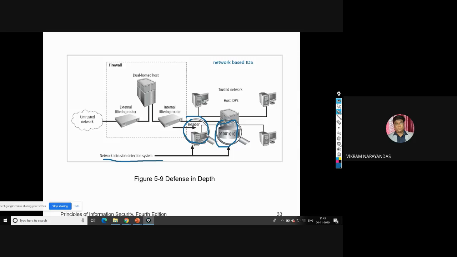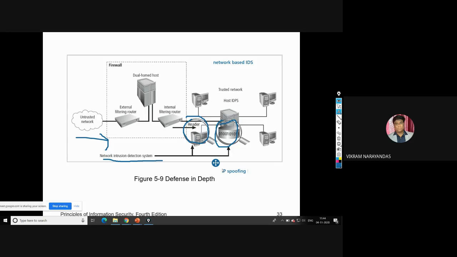This could include packets coming into the organization's network with addresses from machines already within the organization. You can call it IP spoofing.